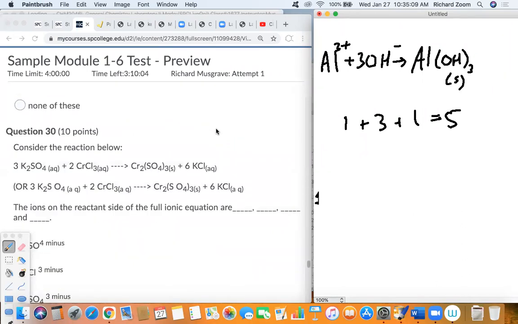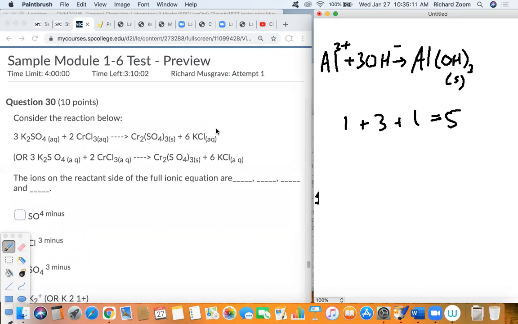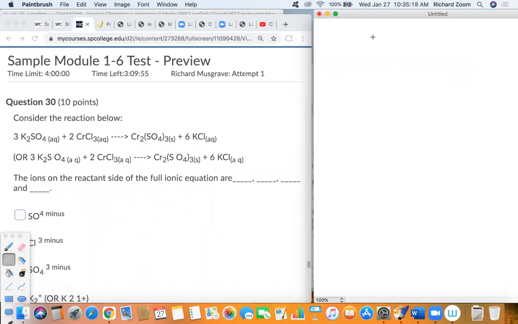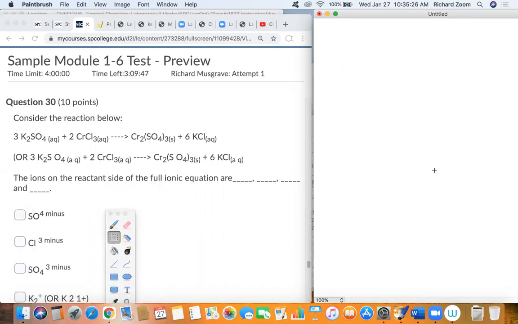All right. Let's look at the other kind of question you can get here. This is how I kind of get around the formatting. Somebody was asking me about formatting and how you would type in charges and stuff.